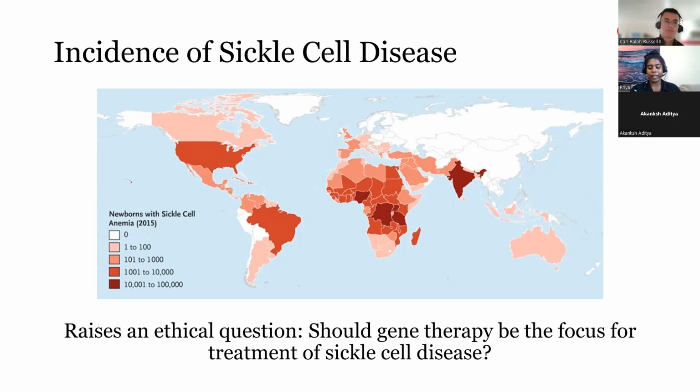Yeah, definitely. And I think the biggest obstacle is cost, right? And also just all the medical resources that you need to have. You need to have people who can perform the procedure.